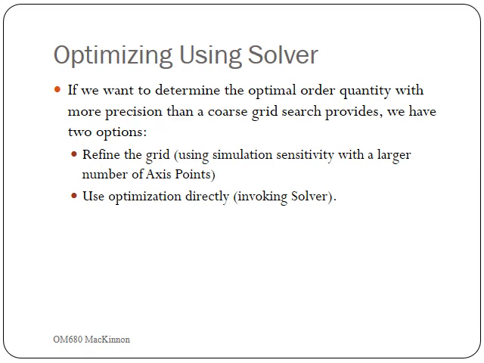Okay, but obviously using a grid search, even using the simulation sensitivity built into Analytic Solver Platform, is a more hit or miss, trial and error way of finding an optimum when we can just use Solver. Okay, so that's what we're going to talk about now.